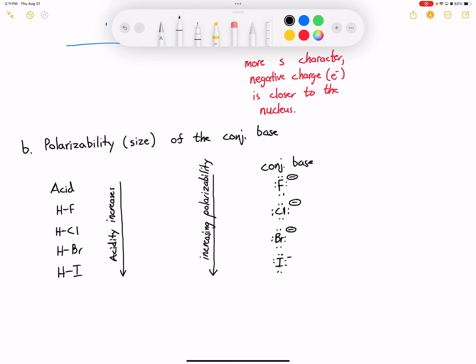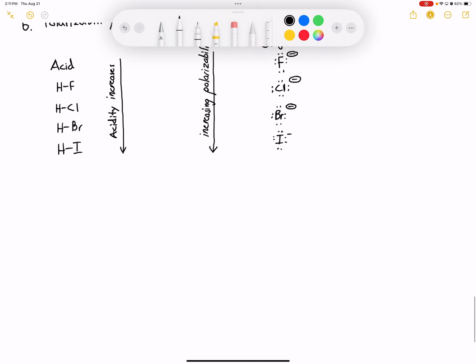Now let's spend some time and talk about resonance. How does resonance play a role? That's why I spent a lot of time on resonance: it's never going away. It explains a lot of things we'll see in this class. So let's go to letter C, the third trend here, resonance.